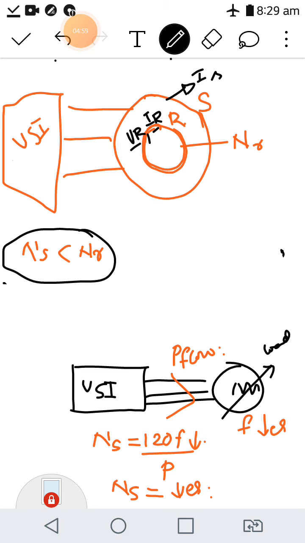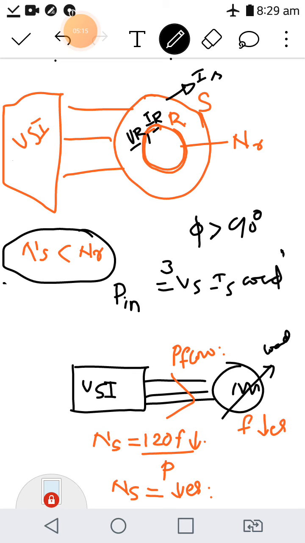If you draw the phasor diagram, you can see that the angle phi becomes greater than 90 degrees. As per the equation, P in equals 3 Vs Is cos phi, and when phi is greater than 90 degrees, P in is going to be negative.